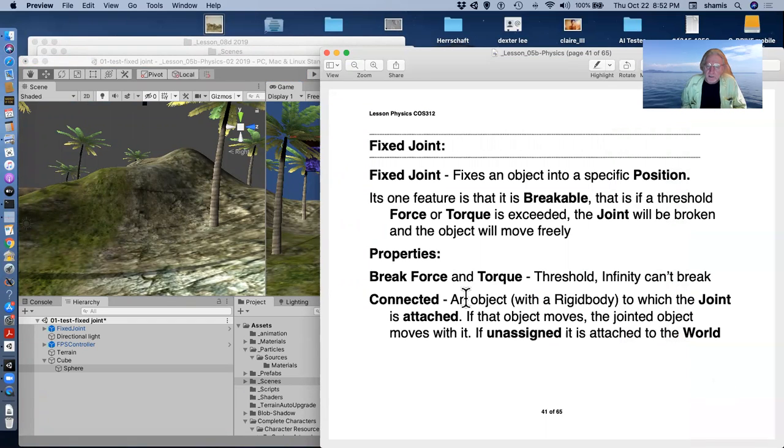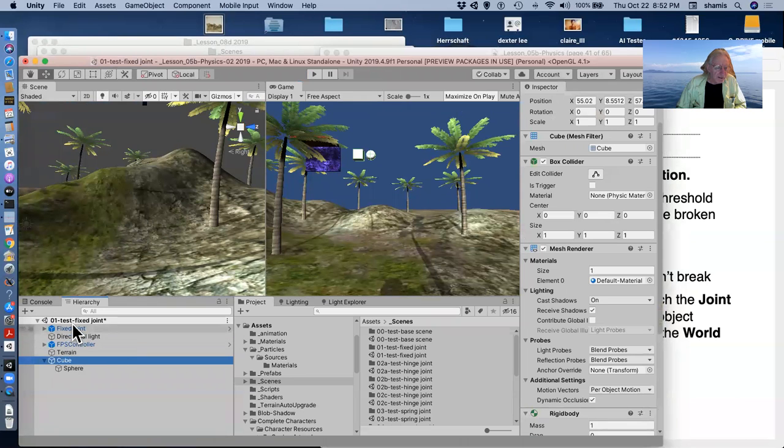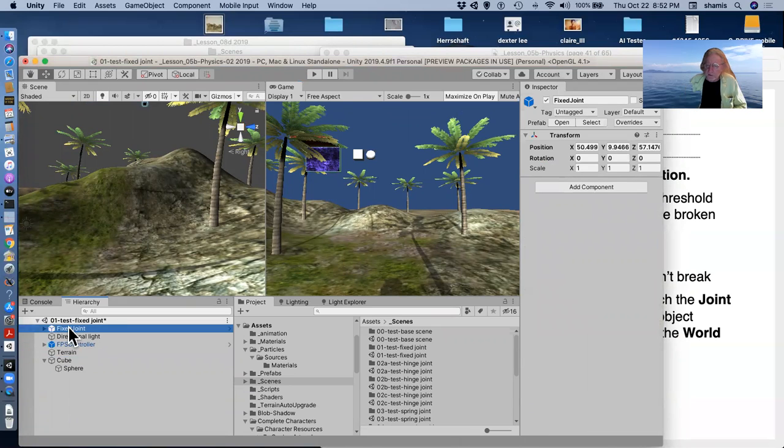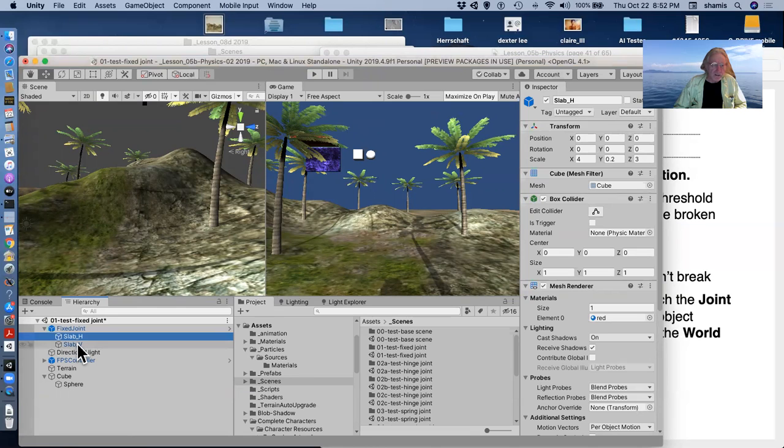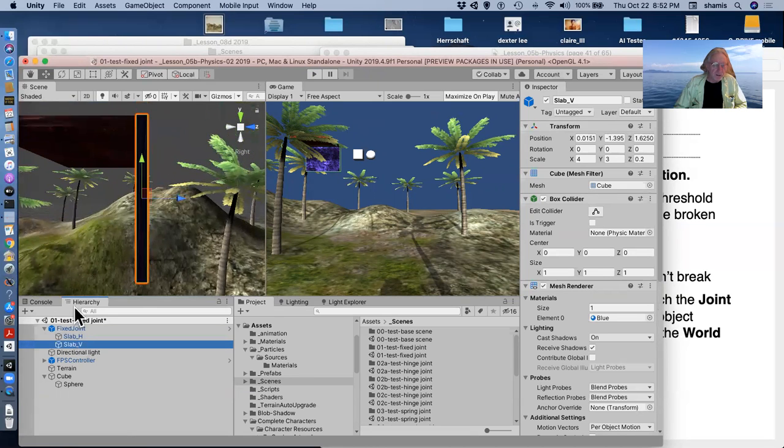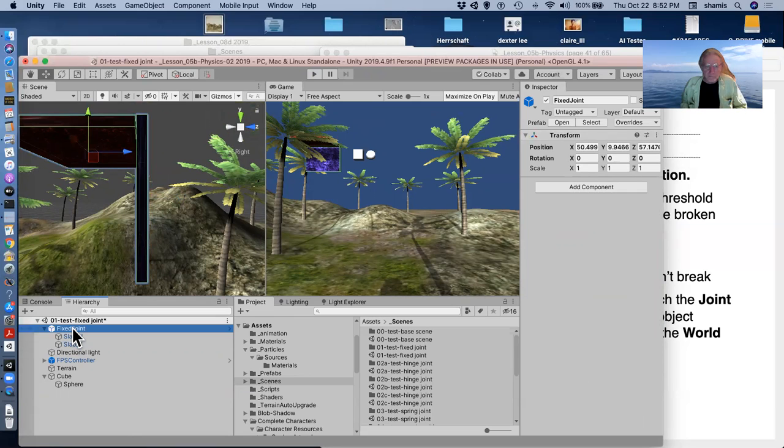Now, joints have a connection. Here's my fixed joint. And I'm using a container here because sometimes it's easier to put things inside an object and have them as children. So my fixed joint object is just a transform that I can position in the world, and my slab H, the horizontal slab, and my slab vertical, the vertical slab, are positioned relative to that parent transform.